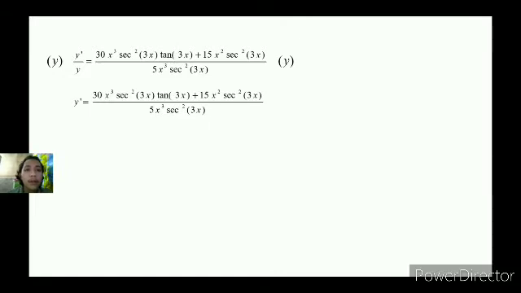What will remain is y prime equal to that expression, and substitute the value of y, which is secant squared 3x times 5x cubed. As you can see, they have the same value, and we're gonna divide them and it will be equal to 1. So what will remain is just the numerator, and that would be our final answer.